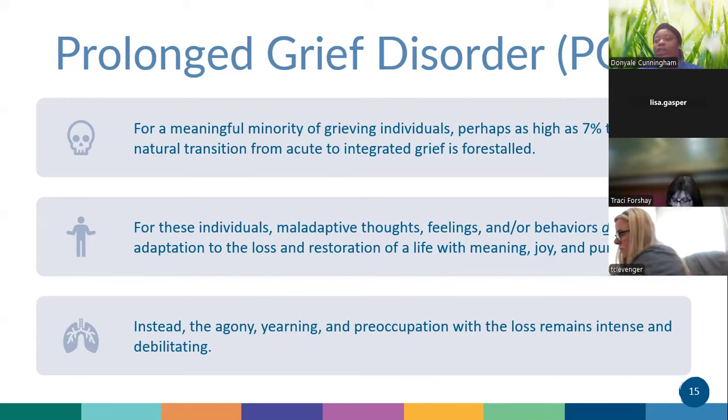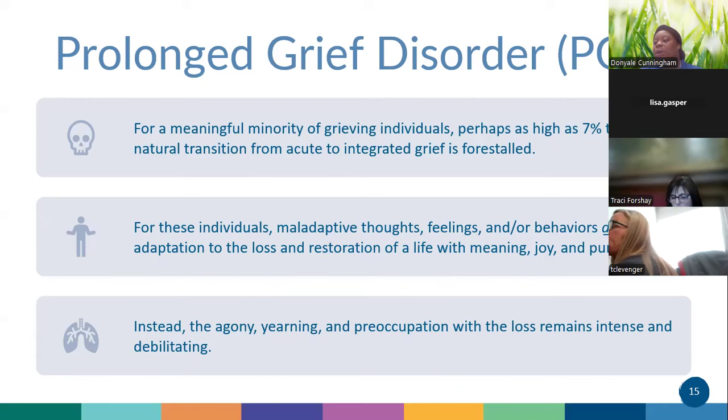Now, for these individuals, maladaptive thoughts, feelings, and or behaviors derail both adaptation to the loss and restoration of a life with meaning, joy, and purpose. Now, this is an individual who is experiencing complicated grief, a state where intense and persistent grief reactions, including maladaptive thoughts, feelings, and behaviors, prevent them from adapting to that loss or being able to move forward in a meaningful way after that bereavement.